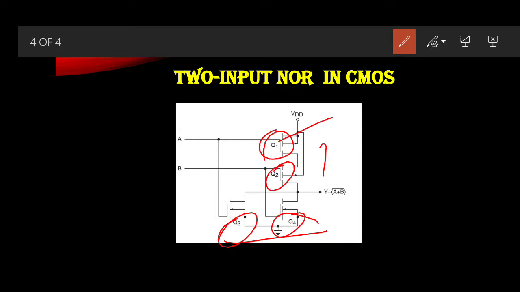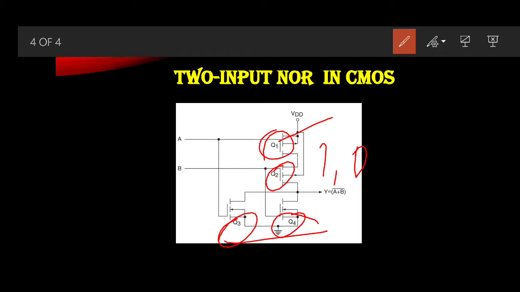Now just imagine both the inputs are in the logic 1 state. Then both the N channel devices are conducting and both the P channel devices are non-conducting, and this will produce logic 0 at the output. So this will verify another entry of the NOR truth table.